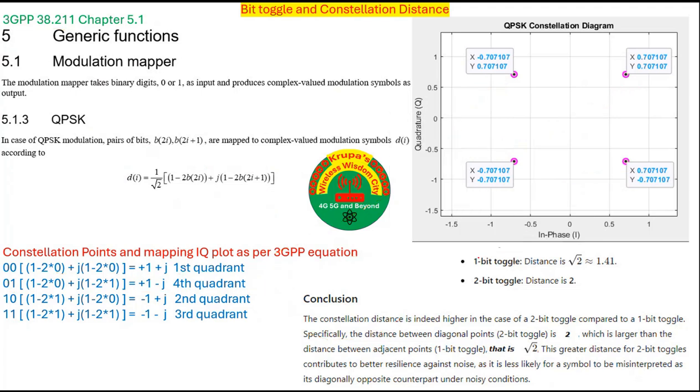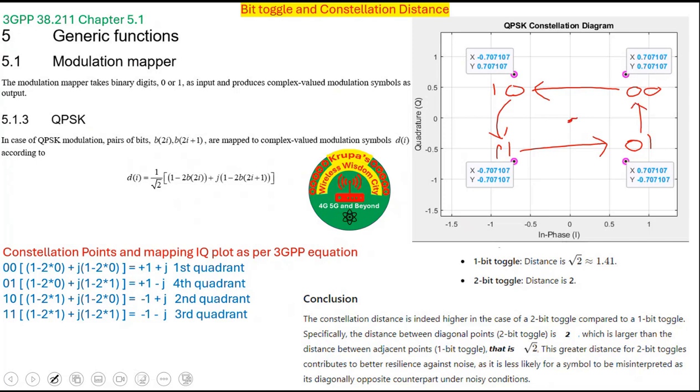As I said, the first quadrant will be 00, and my second quadrant is 10. The third quadrant is 11, and my fourth quadrant is 01. Now if you notice, every 1 bit change you are making, let's say from here to here, or here to here, if you go by the distance it covers, it is 2 into 1 by root 2.